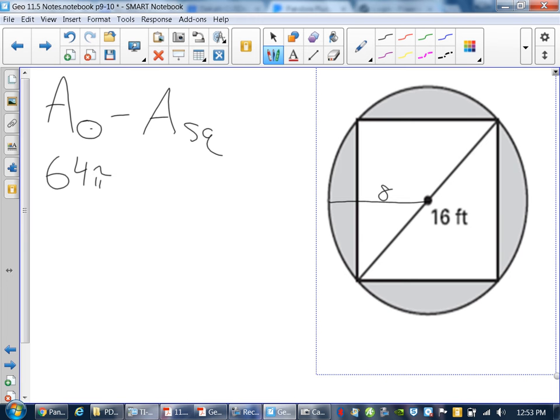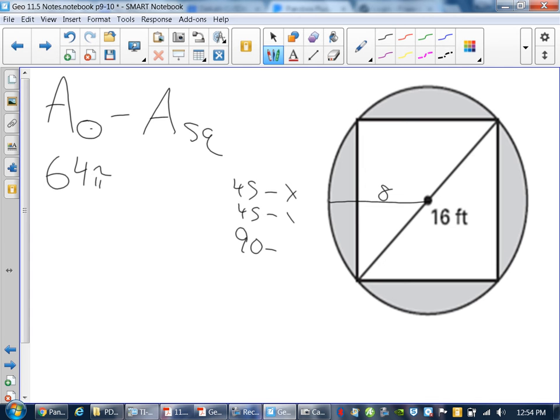X root what? 2. Good. So you have the special right triangle to deal with here, and you know across from the 90 is 16.